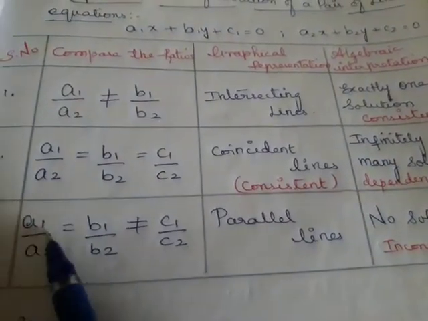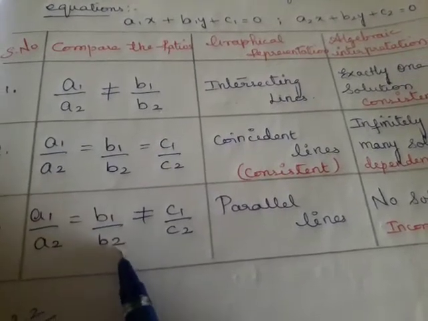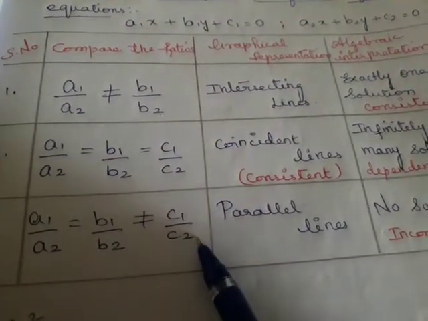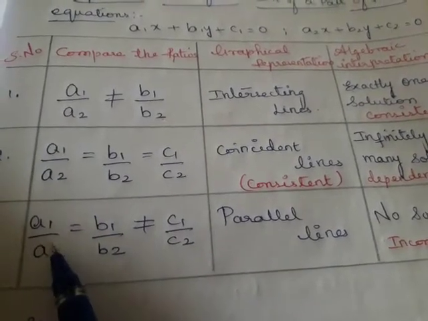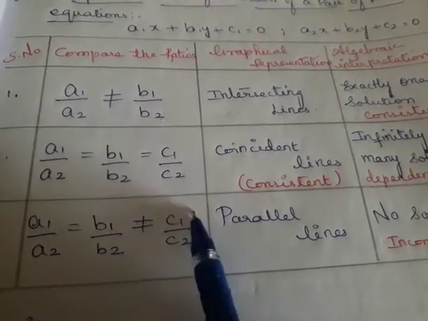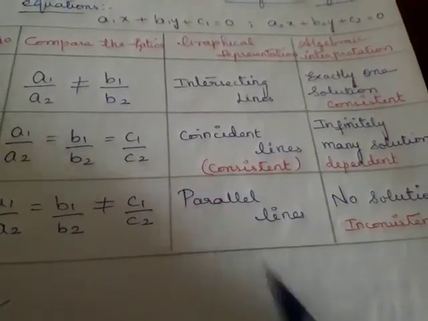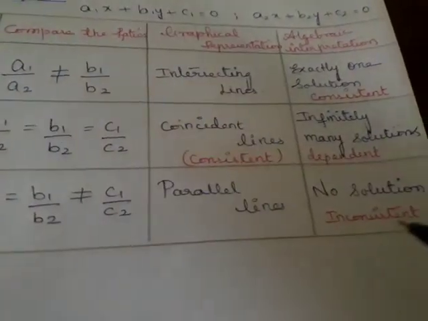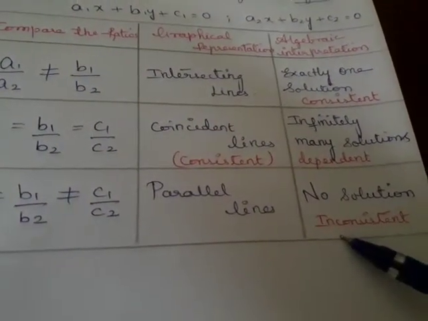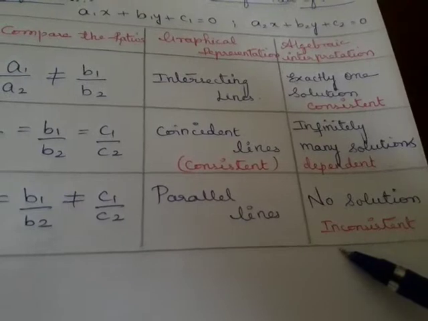Then if a1 by a2 equals b1 by b2, which is not equal to c1 by c2, that is, the ratios of the coefficients of x and y are equal but the constant ratio is not equal, then we know the graphical representation will be parallel lines, and in such a case it won't have any solution, right?